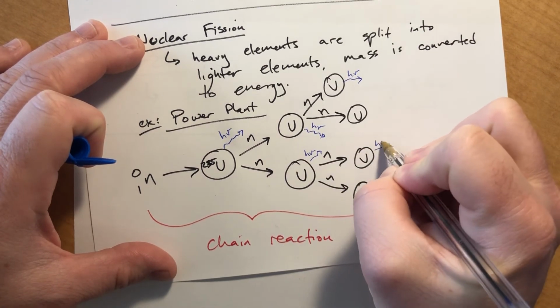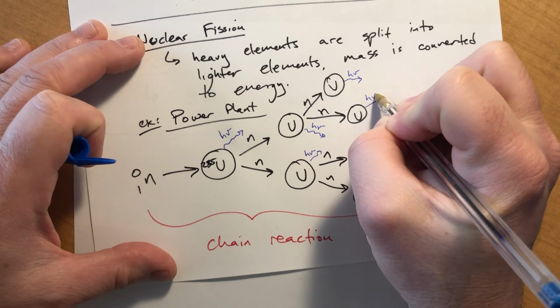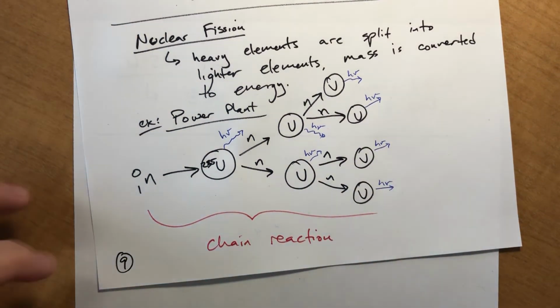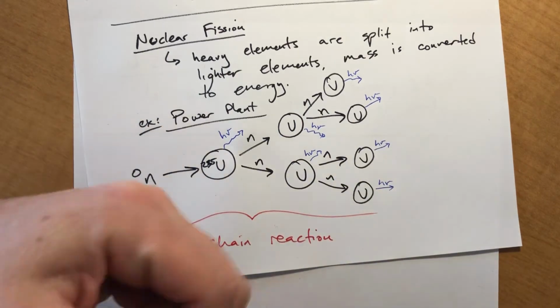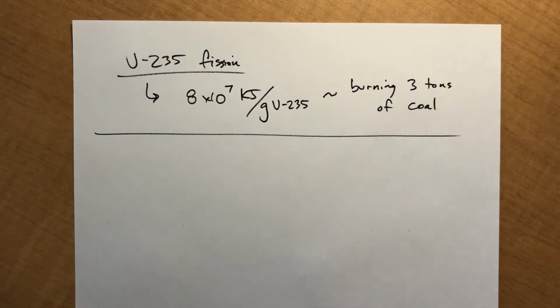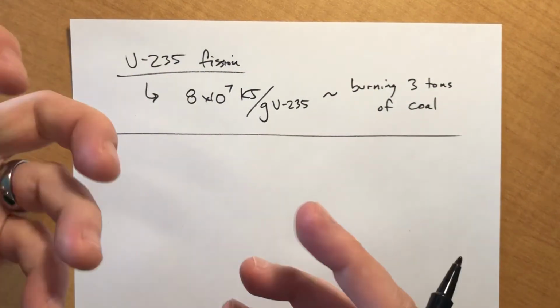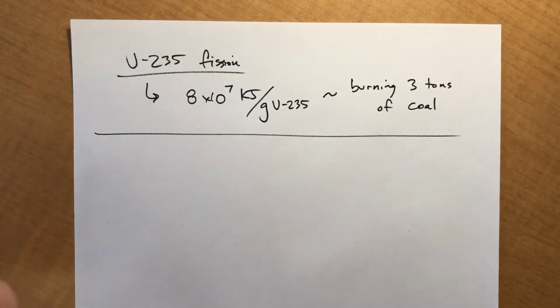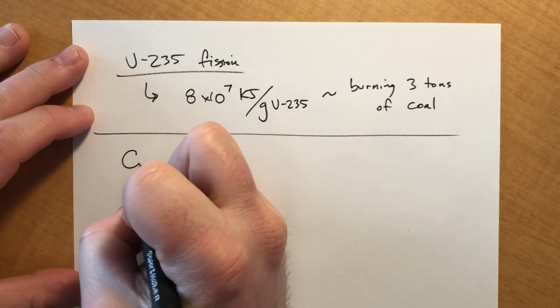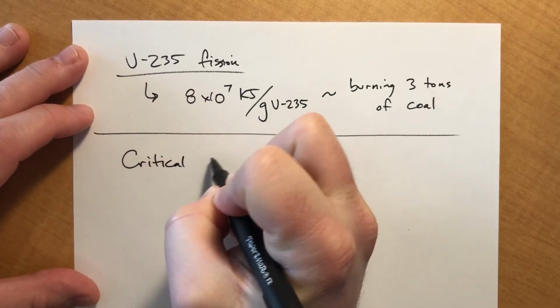You get energy in the form of radiation or light, heat, whatever form it comes out in. Every single one of these releases more energy, and the idea is that it piles up. So in order for this to work, you have to have a minimum amount of uranium around for the chain reaction to occur. This is something called a critical mass.